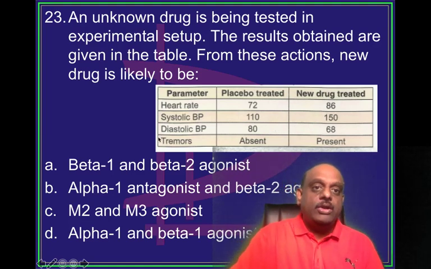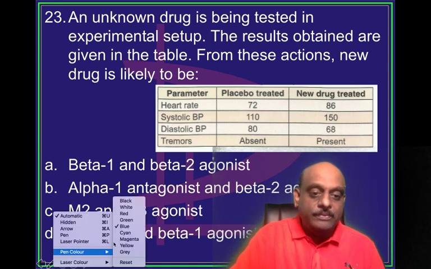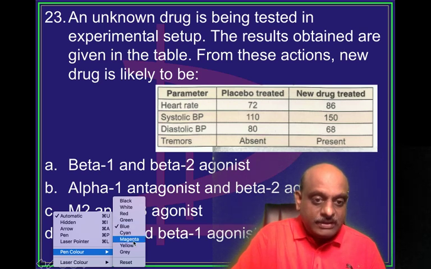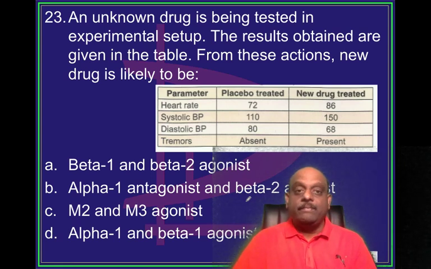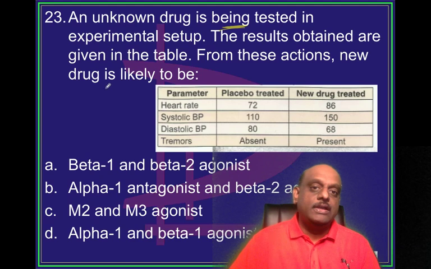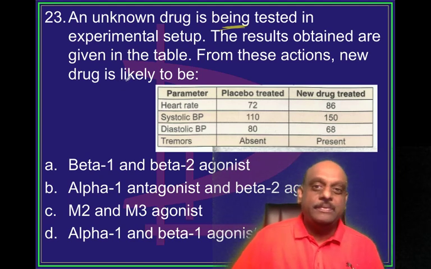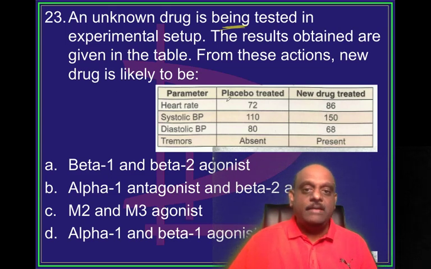Excellent. Now the next question, please answer it carefully. Very good. Now, an unknown drug is being tested in an experimental setup. The results are obtained and made available here.